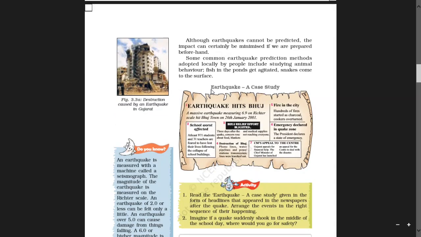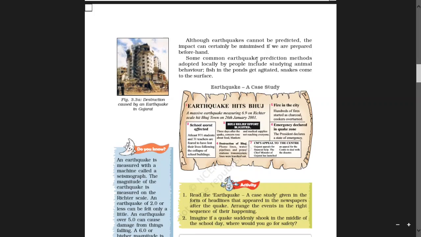So, though we cannot predict when an earthquake will happen, the impact can certainly be minimized if we are prepared beforehand. If we tackle it beforehand, it can certainly be minimized.